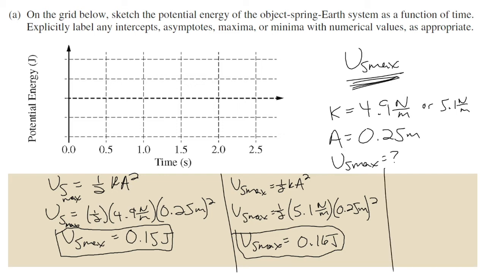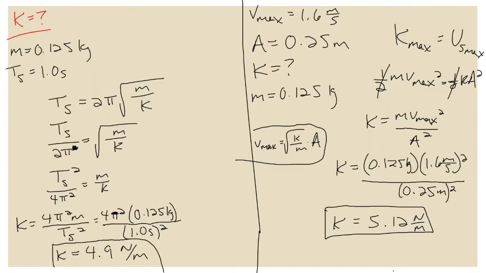Now, I'm sure some of you might be looking at this and thinking, well, wait a second, I didn't do it this way at all. There is actually a very clever workaround here that at least lets you start off this graph here at the top, graph A, without finding the spring constant.